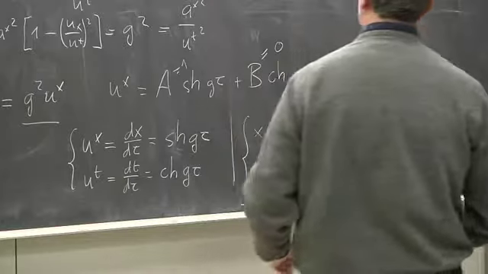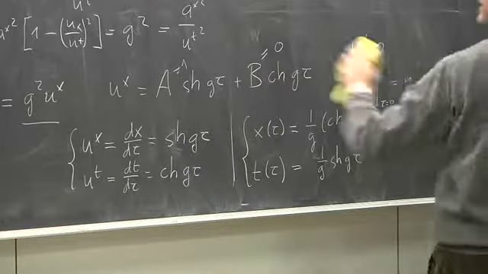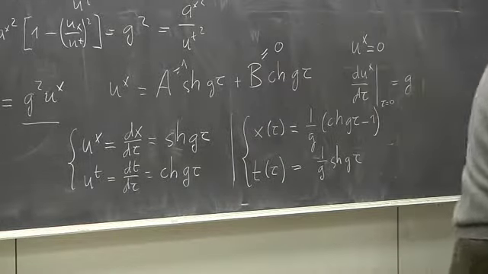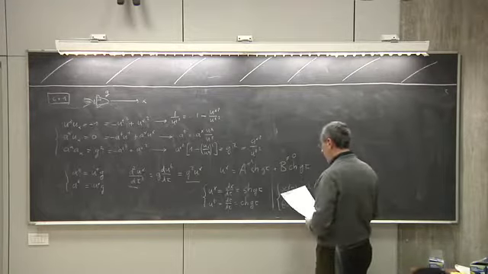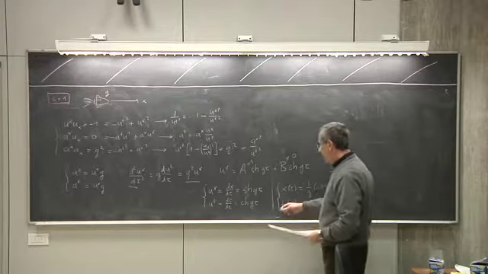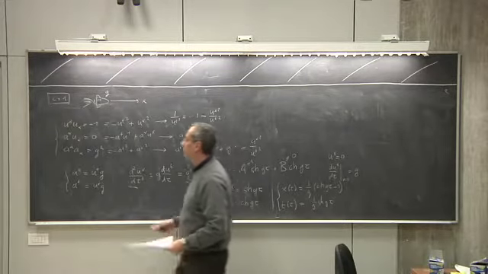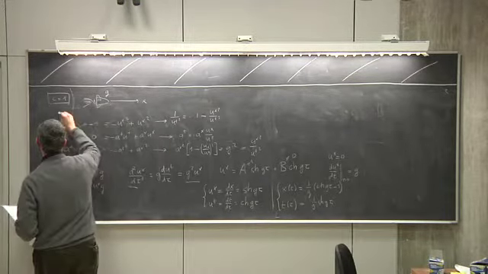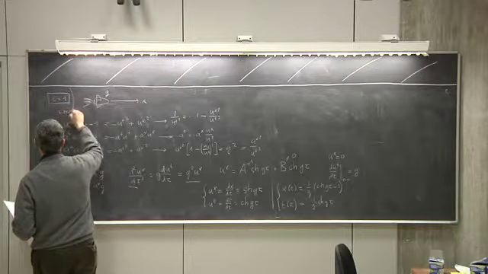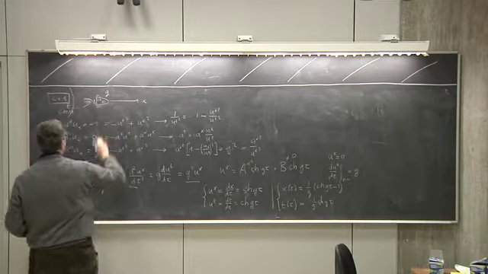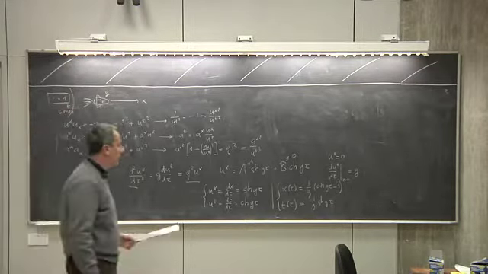In fact, if you use this solution, for instance, let t be the time of somebody who stays behind on the Earth. Here is t. Tau is the proper time on the ship.